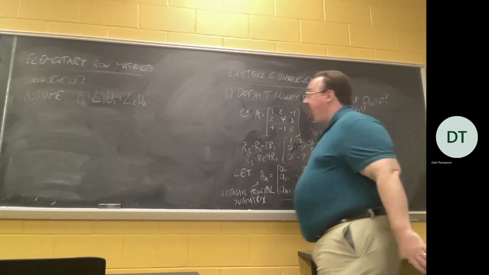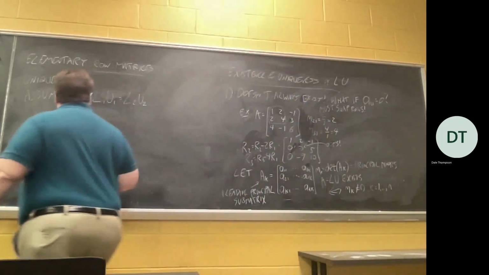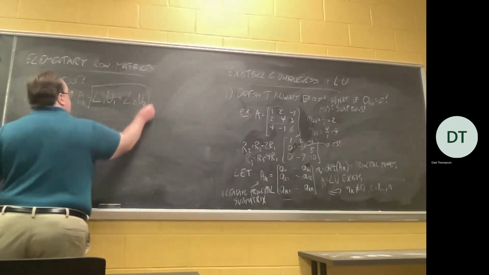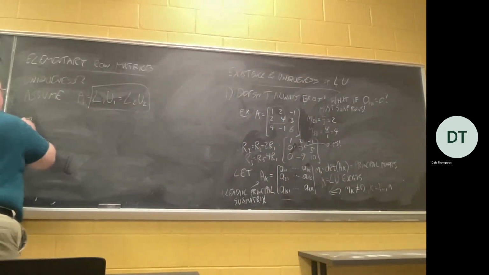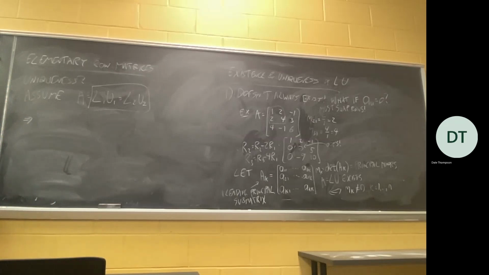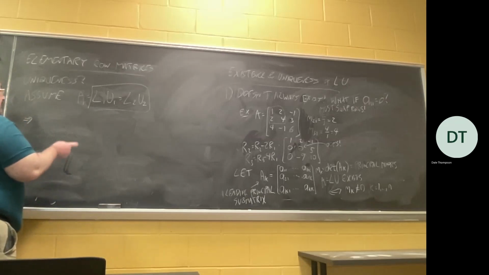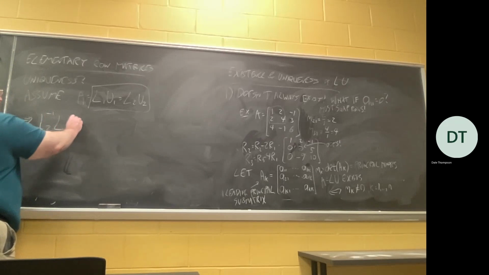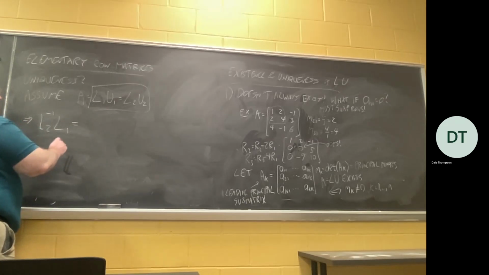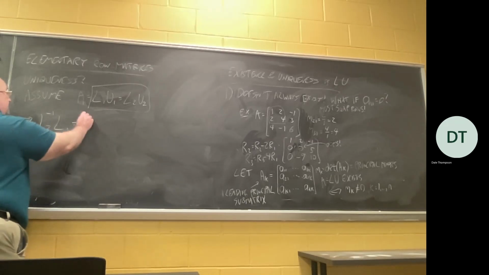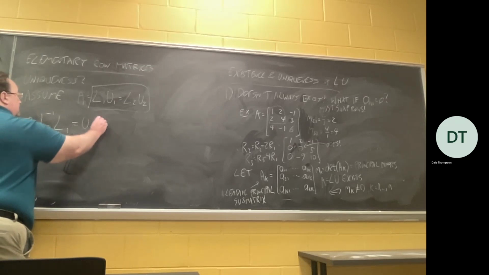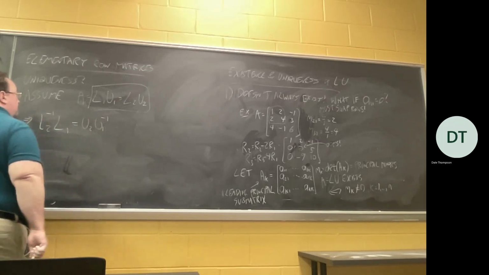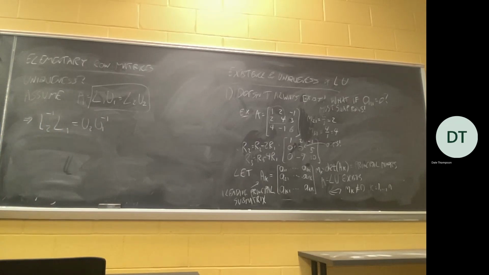So we can work with the inverses of both of these. I'm just going to focus on this equation right here. I'm going to multiply on the right by U1 inverse and multiply on the left by L2 inverse. So I'm going to get L2 inverse L1 on the left side, and on the right side, I'm going to have U2 U1 inverse.